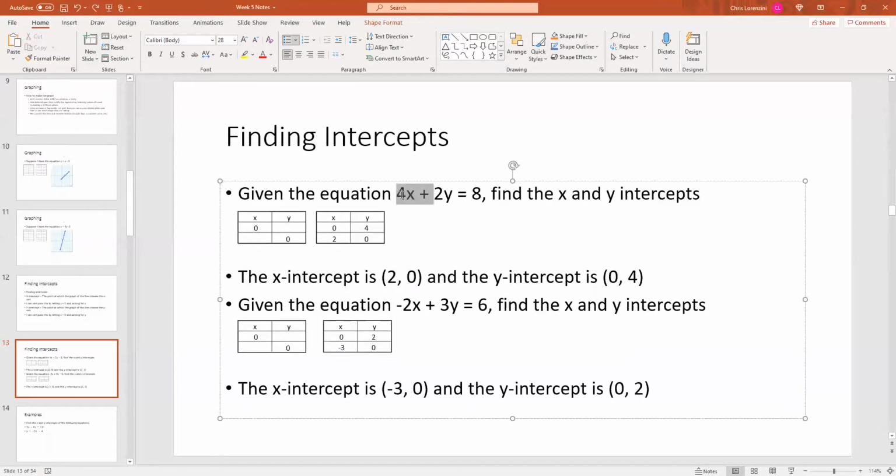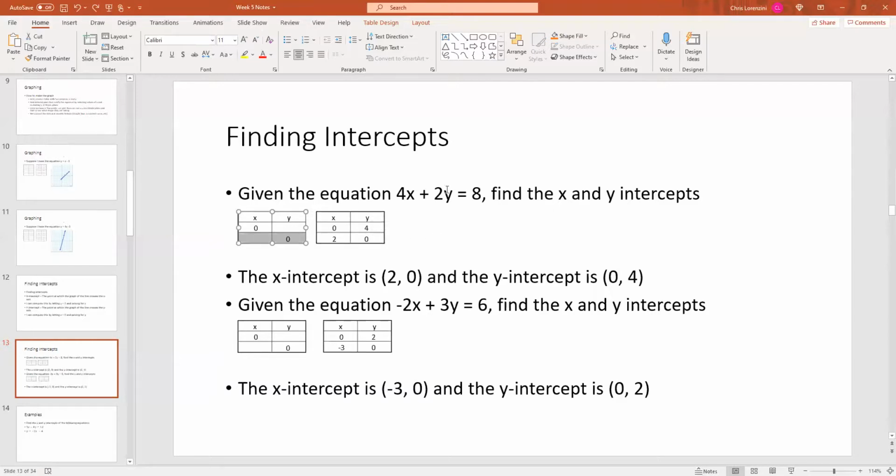When I let x equal 0, that term goes away, 4 times 0 goes away, and I get 2y is equal to 8. Solving that for y, I divide both sides by 2. Y is equal to 4. So when x is equal to 0, y is equal to 4.